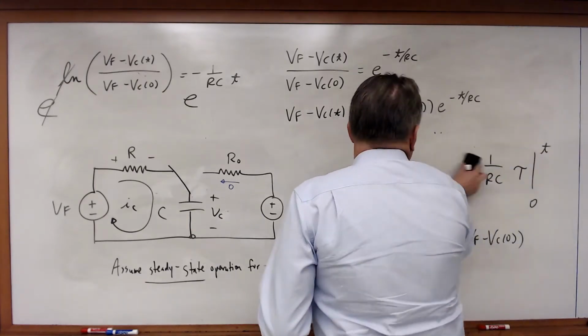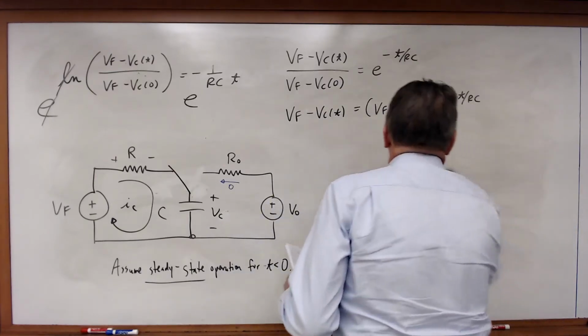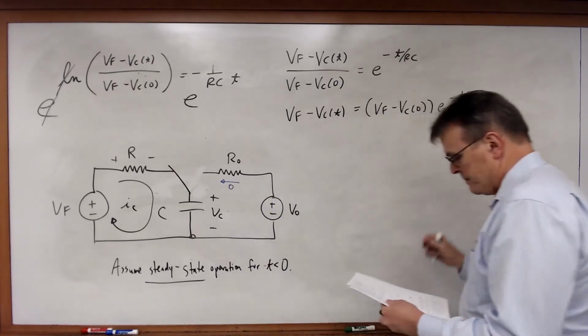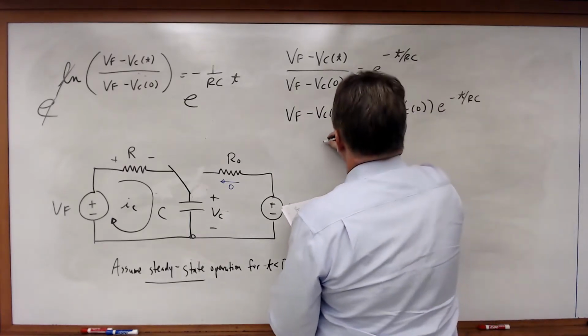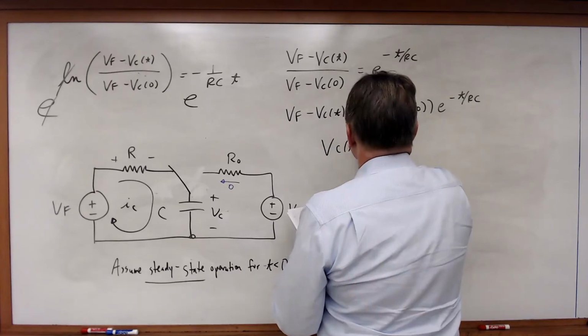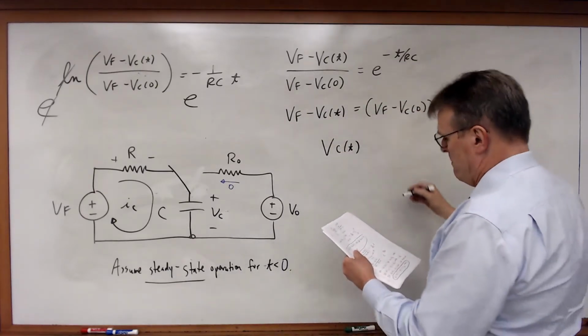And now a little more rearranging. So here, I'm going to rearrange some terms. Vc of t, I'll bring the Vf over to this side, multiply by -1 on both sides.